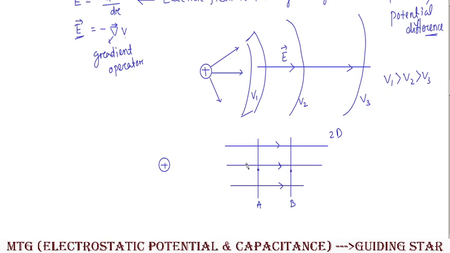So let the potential at A be VA and the potential at B be VB.